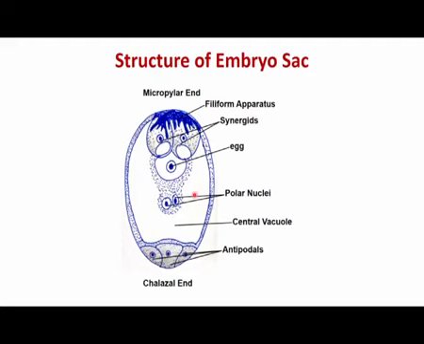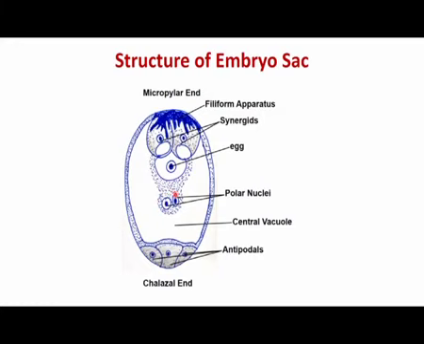During fertilization, the 2 male gametes come into the embryo sac. One male gamete fuses with the egg to form the zygote, and the other male gamete fuses with the central cell to form a triploid nucleus, which develops into the endosperm.